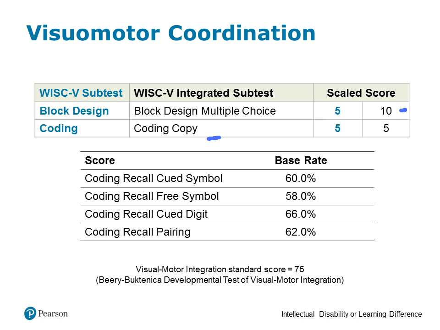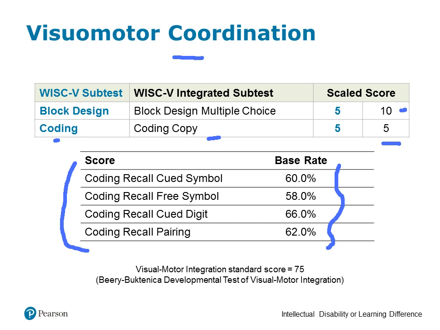So I want to know maybe if it was the copying, the visuomotor coordination, which is my hypothesis, and notice when I administered coding copy, his scale score was a 5, just like his scale score on coding. But when I tried to assess incidental learning, did he make those associations and does he remember the associations? Notice on the coding recall task, his performance is within the average range.